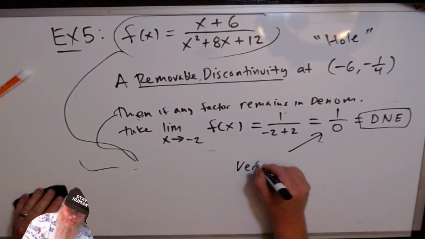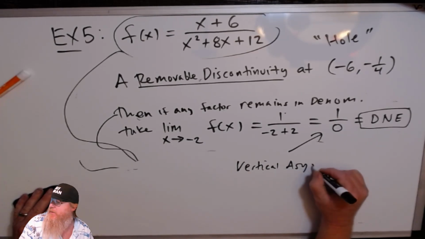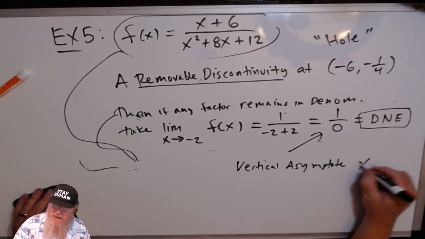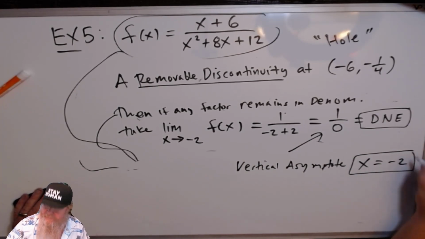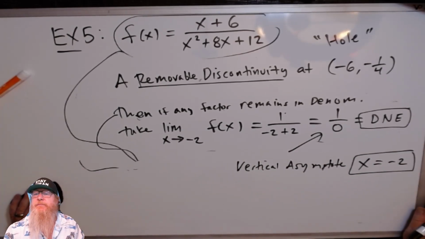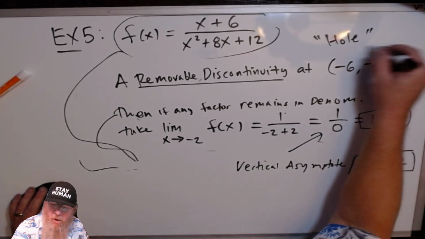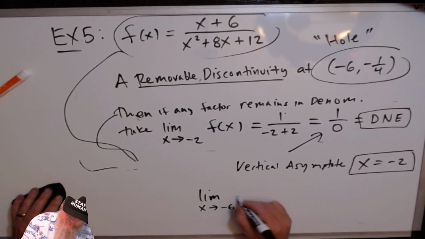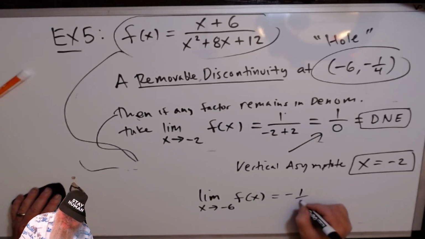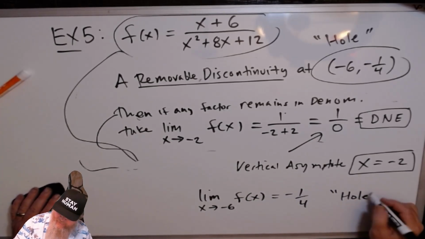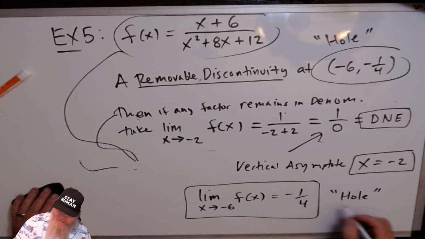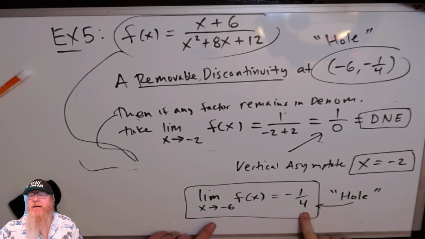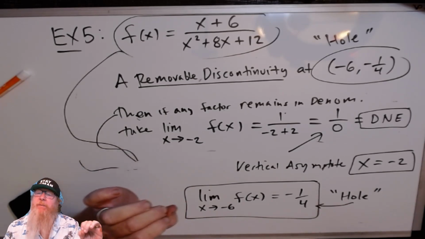So we have a vertical asymptote, x equals negative 2. So notice the hole represents the limit as x goes to negative 6. Because you get a number. Yeah. So that creates a hole in the graph.